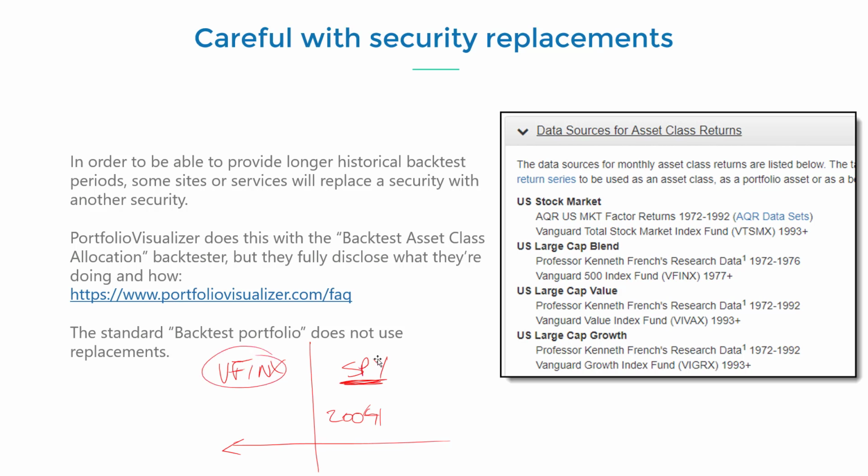So these things are equivalent, and if you run a backtest of the performance of this versus the performance of that, starting from the date that they were both available, you want to see that both lines essentially track super close to each other. Okay, so you can then replace something with something that goes back further in time.